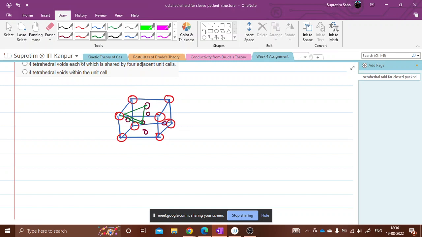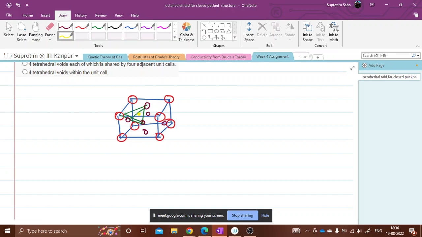So this is your tetrahedron. All right. And if it sits at the octahedral void, that sits at this, sorry. So that at this one, right?